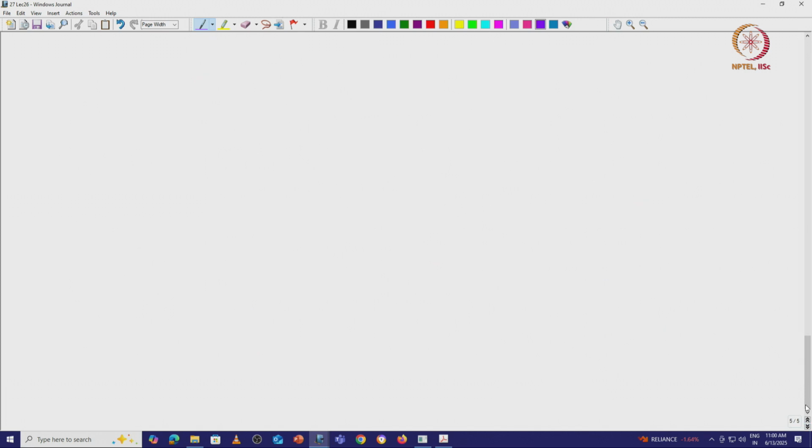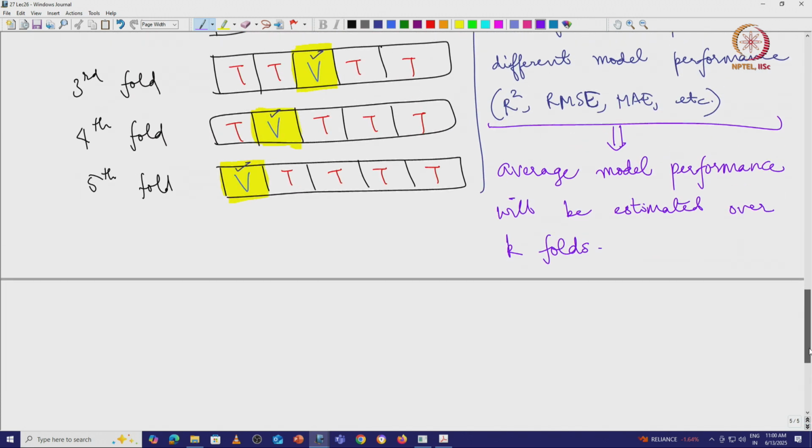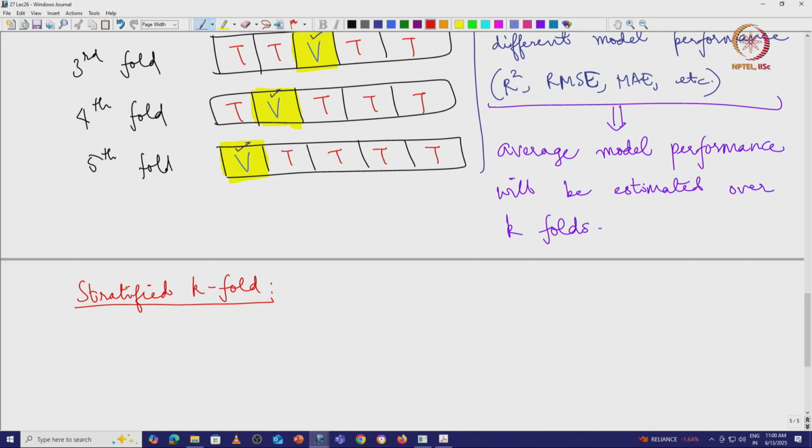Now there is a small tweak to k fold cross validation that is possible, that is called stratified k fold. This is obviously important when your data is imbalanced, just like in classification we had to use the balanced accuracy score, because sometimes some classes are very highly represented in your data and other classes are not as highly represented. So you have to make sure that you are sampling properly each one according to their proportion.